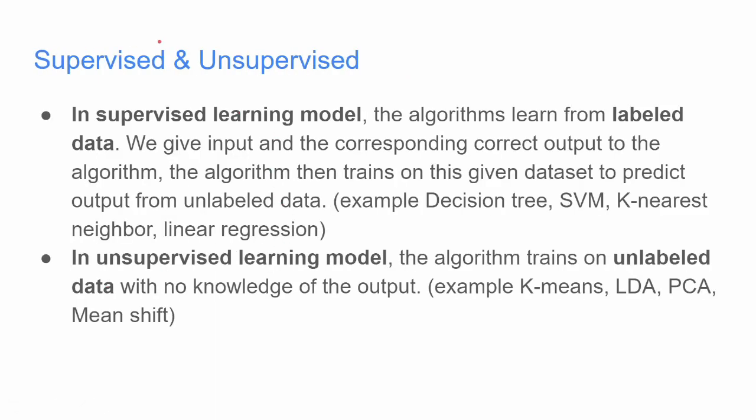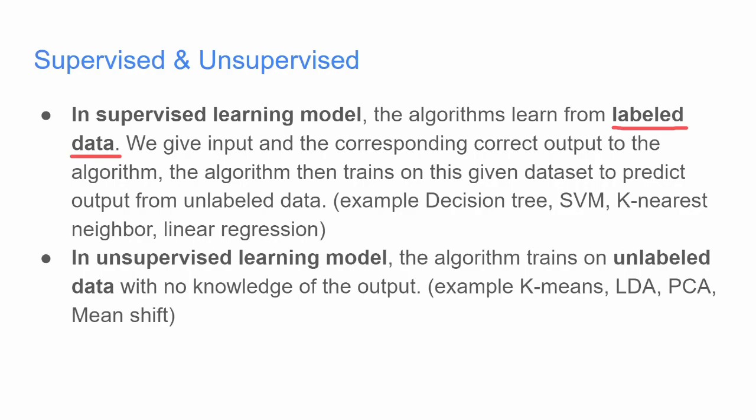Generally, supervised versus unsupervised machine learning algorithms. When it comes to the supervised learning model, the algorithms learn from labeled data. We give input and the corresponding correct output to the algorithm.